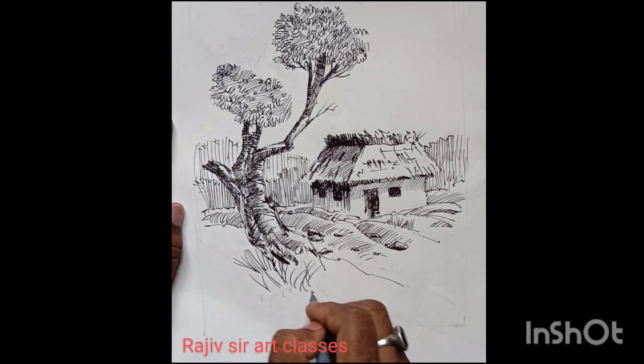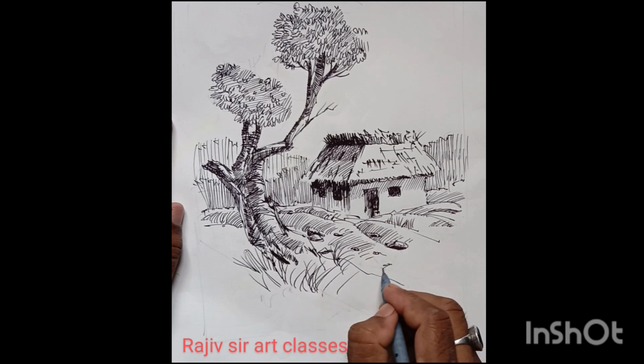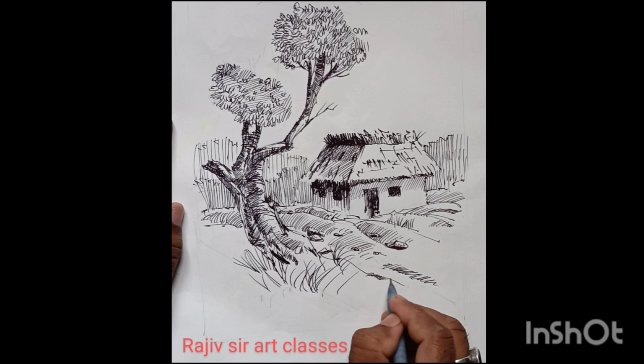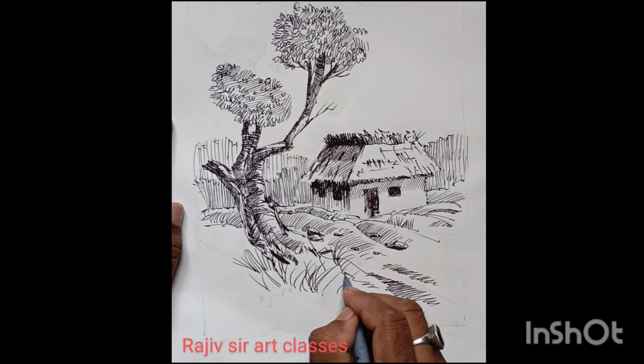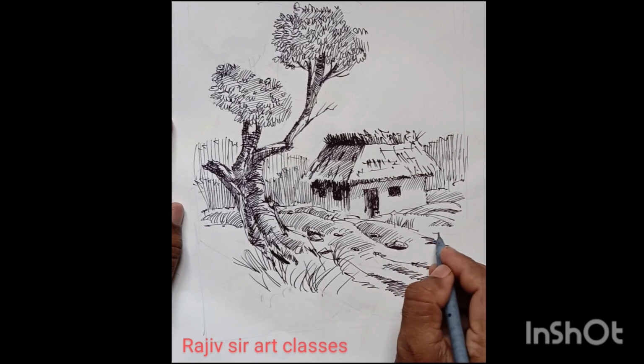Okay, a few lines here and there, and a suggestion of some grasses. Try to keep your lines in a variety of directions. This variety will add to the beauty of your work.